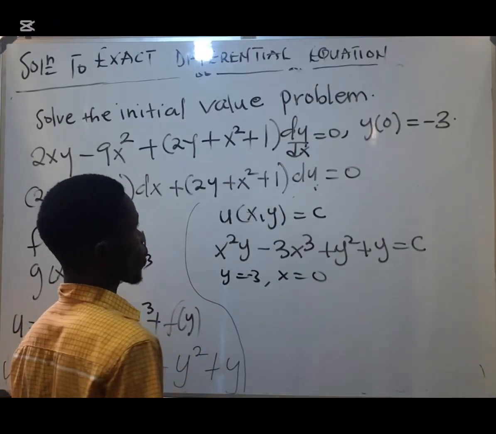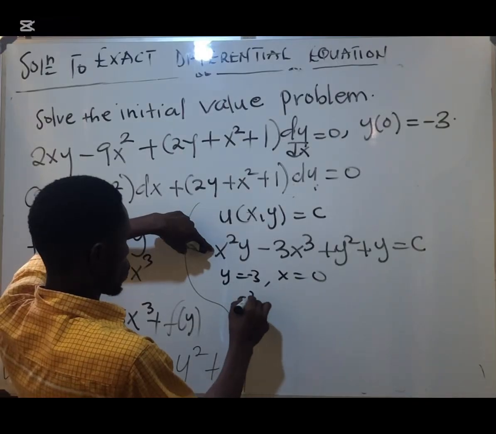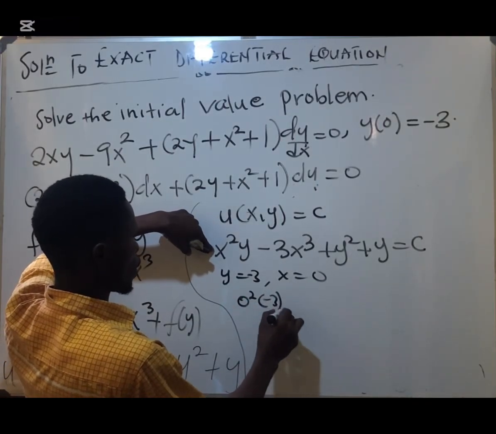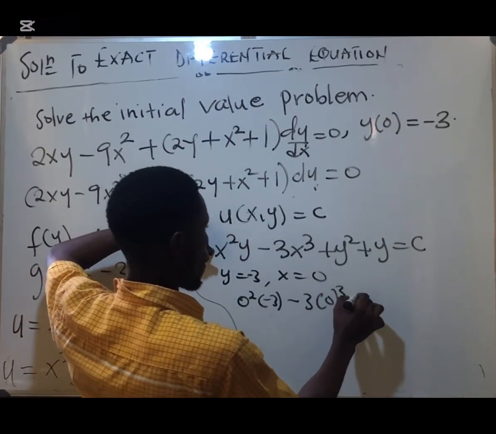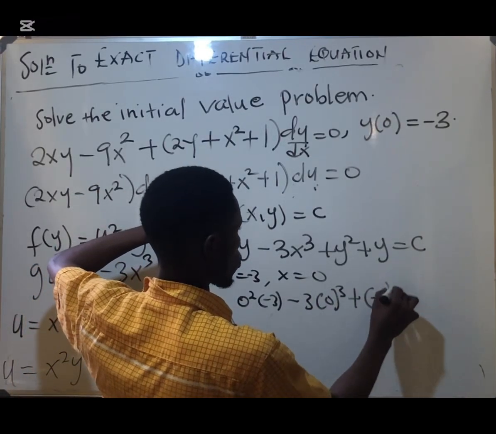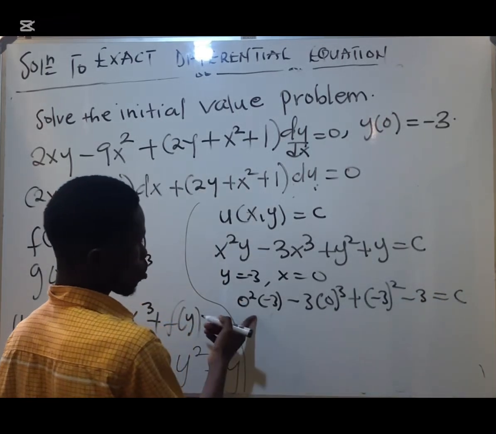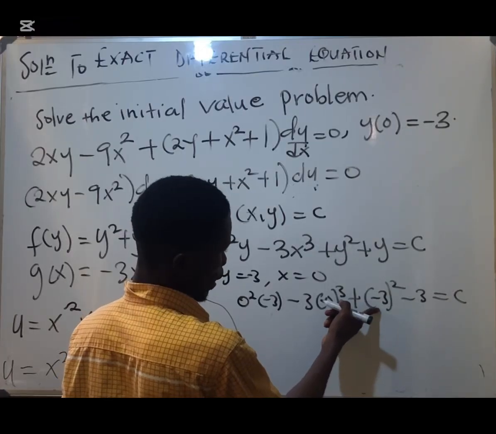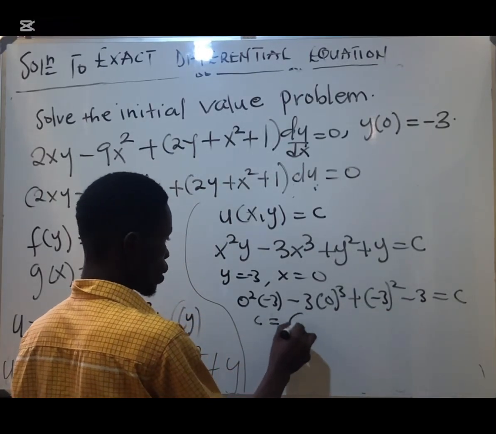So if I put 0 here, that will give us 0 squared times y, but y is negative 3, minus 3 multiplied by 0 cubed, plus negative 3 squared, minus 3 equals c. All this goes to 0, and this one will give me 9. 9 minus 3 is 6, so it means that c is equal to 6.